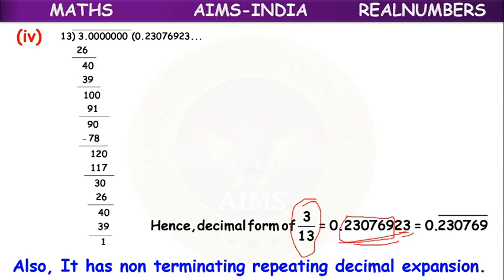This part, 230769, is repeating. So for the total part, we can keep a bar. So the given question is an example of a non-terminating repeating decimal expansion.